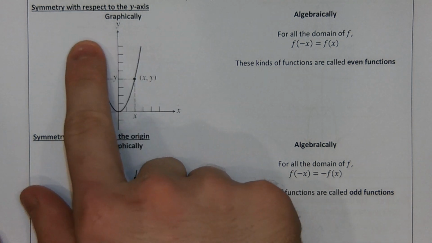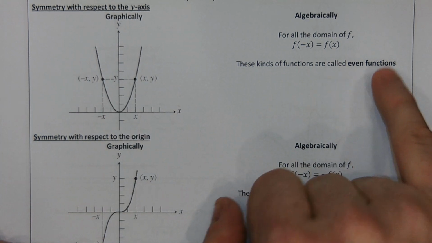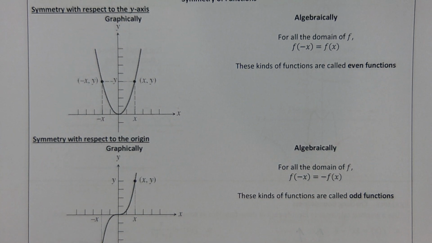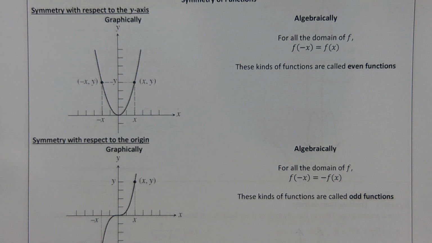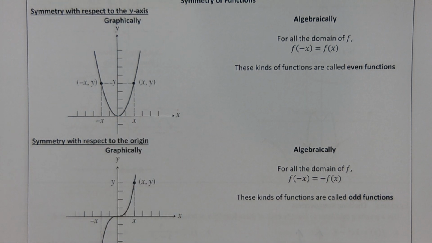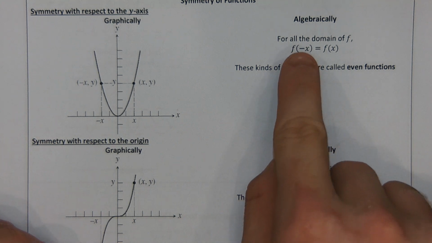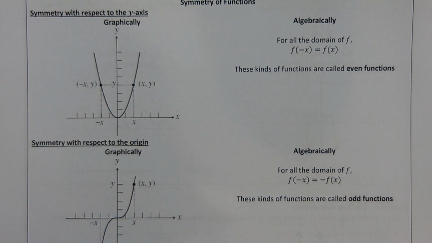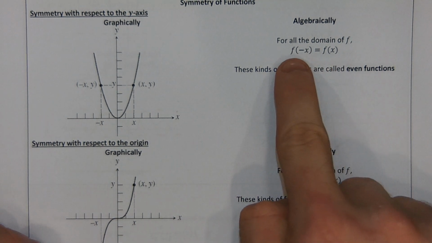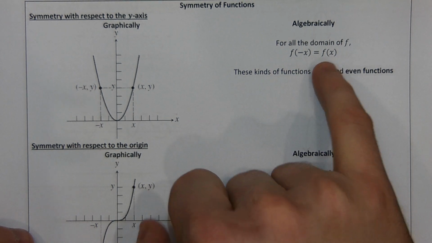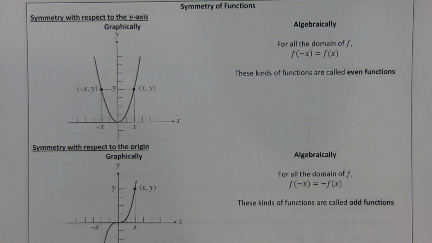And anything that does that, you could say is an even function. So you could say that function has even symmetry, or you could say that is an even function. Remember, it means the y-axis cuts it in half. We test for it by plugging in negative x and seeing what happens. And if after we do all the simplifications, we get back our original function, that is an even function.